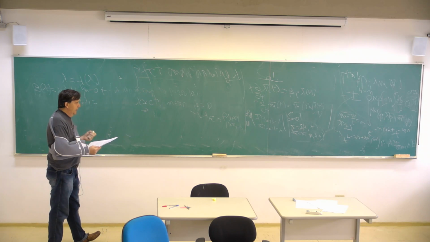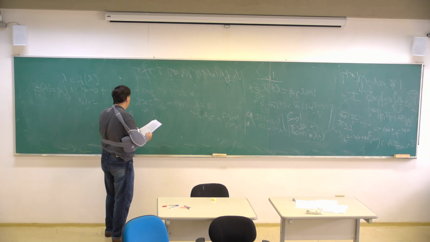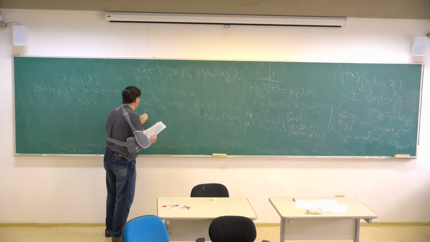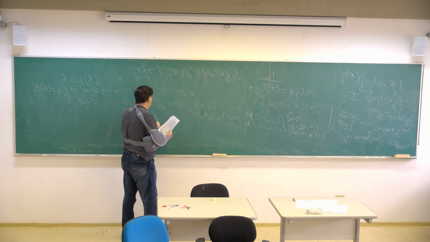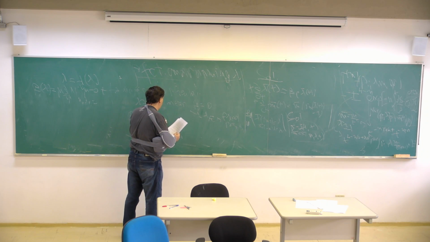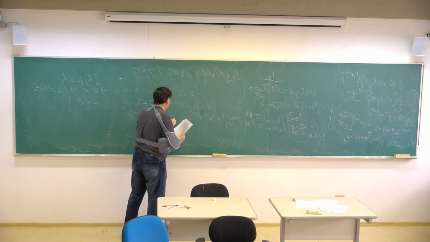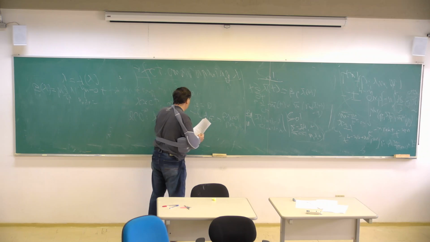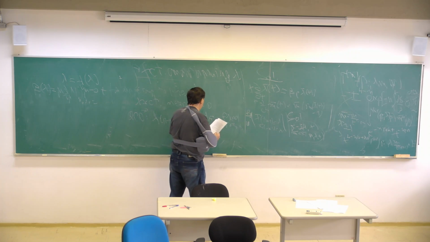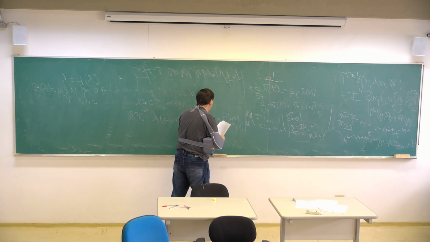Now, I was saying that for QCD, lambda for p going to infinity goes to 0. This is known as asymptotic freedom.